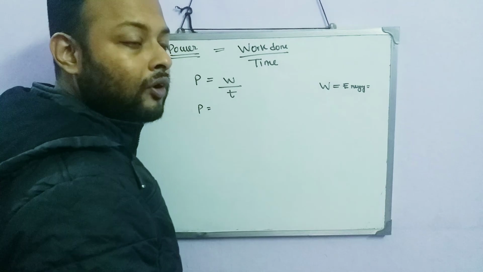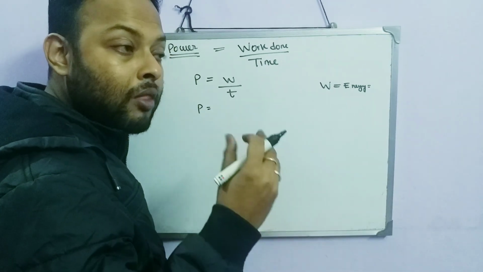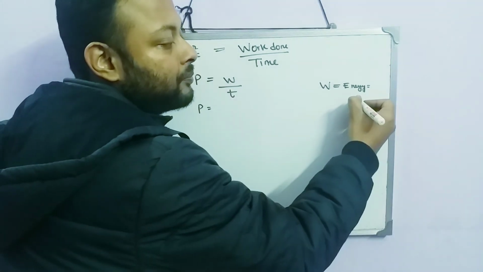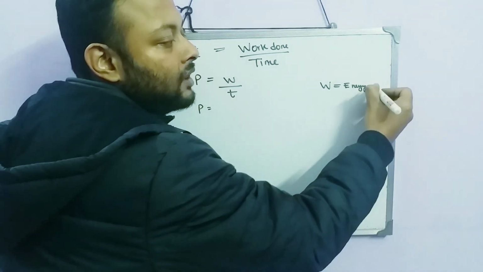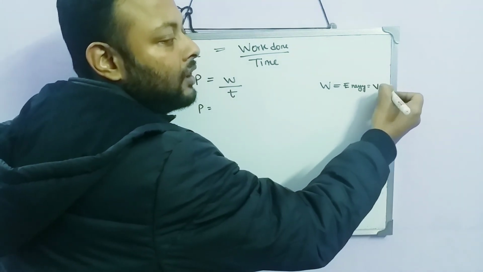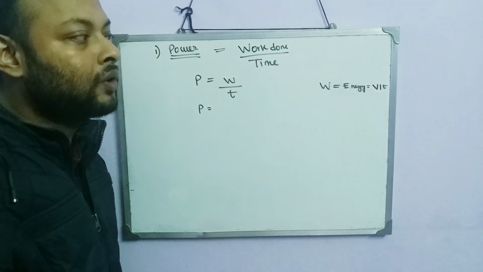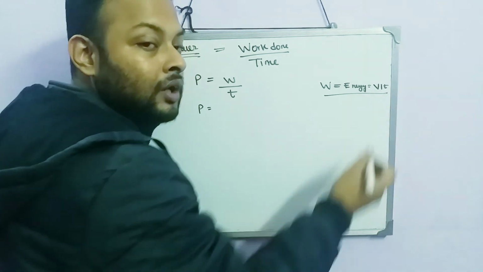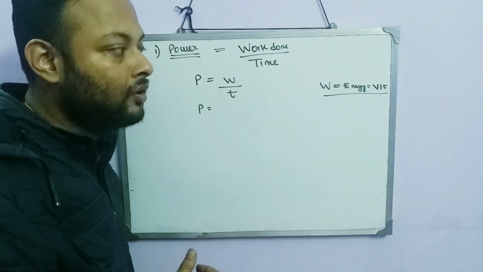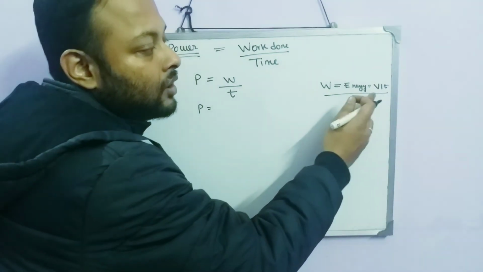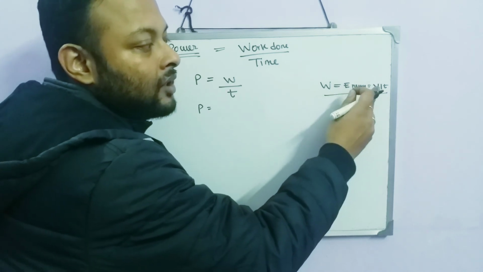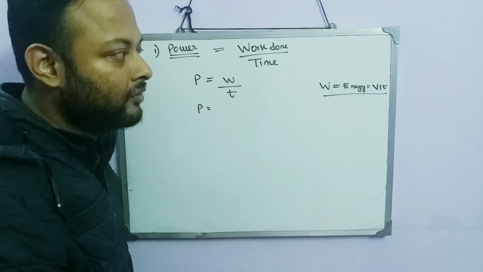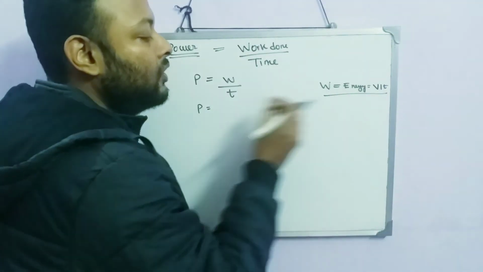From that we derived four equations. One of them was energy is equal to VIT, potential into current into time. If you don't know how I got this formula, please watch the previous video, where I discussed how this VIT comes. I'll use this VIT over here.